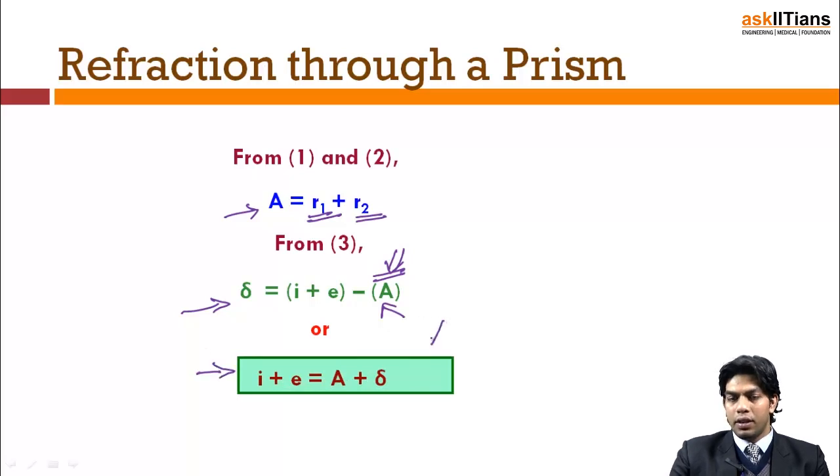That's it. So this is a very important property of prism, that is, it relates the two most important angles in our context of studying refraction through prism, that is E and I, angle of incidence and angle of emergence, to the basic properties of prism, that is, A is the angle of prism and delta is how much deviation it produces.